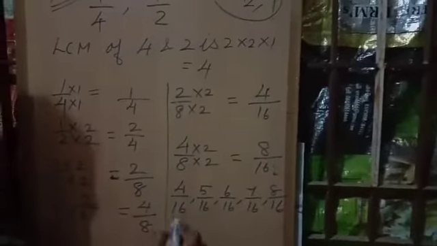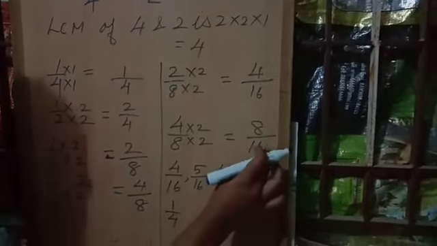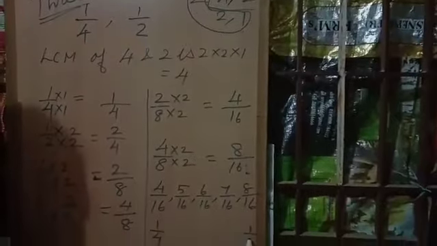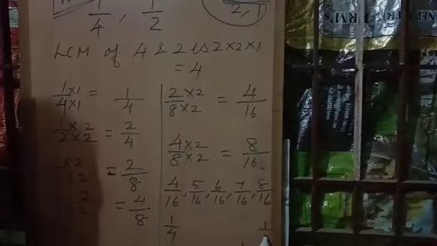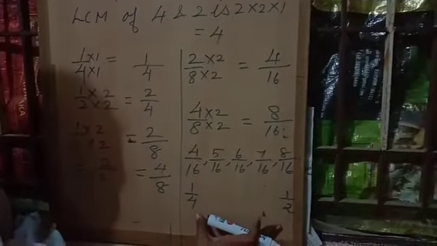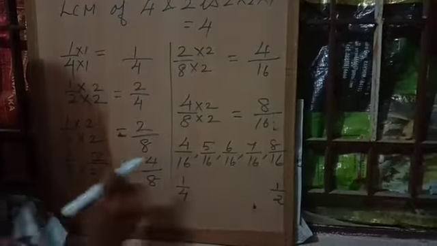So this 4 by 16 is nothing but 1 by 4. This 8 by 16 is nothing but 1 by 2. So in between these two rational numbers, we can write these 3 rational numbers.